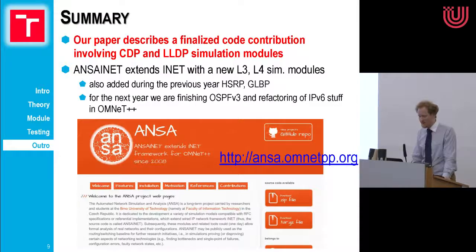Last year, we also added support for high availability protocols such as HSRP and GLBP, both of them Cisco proprietary. And this year we are focused on refactoring IP version 6 and IP version 6 dynamic routing that is available in INET by creating OSPF version 3.